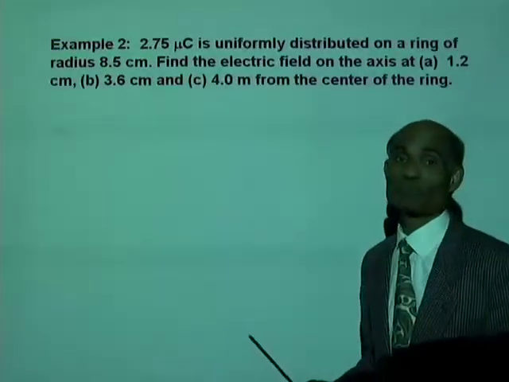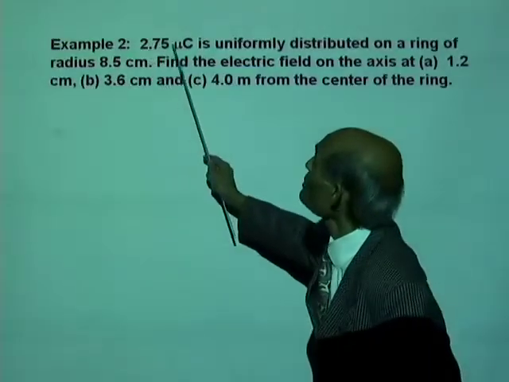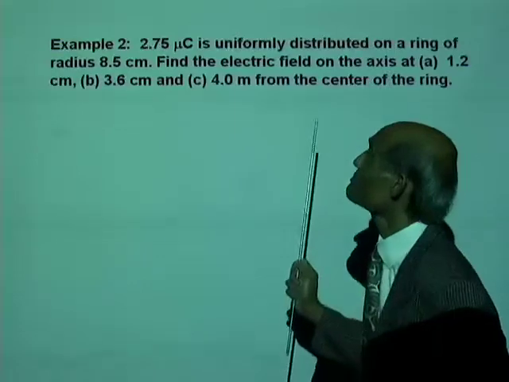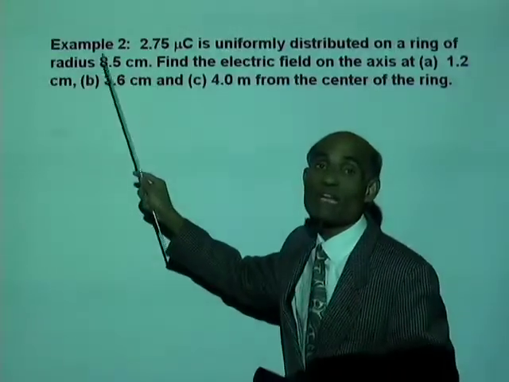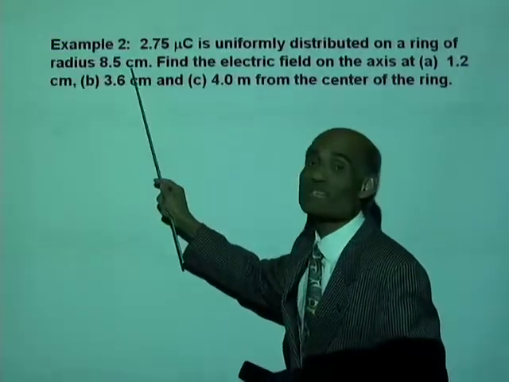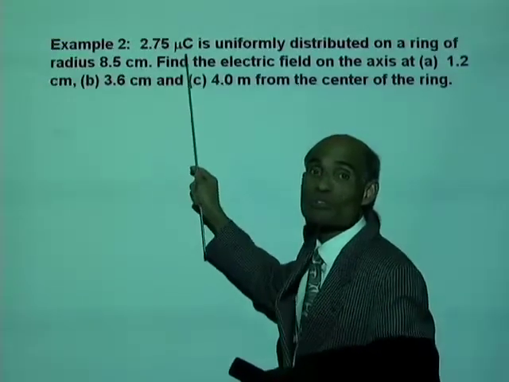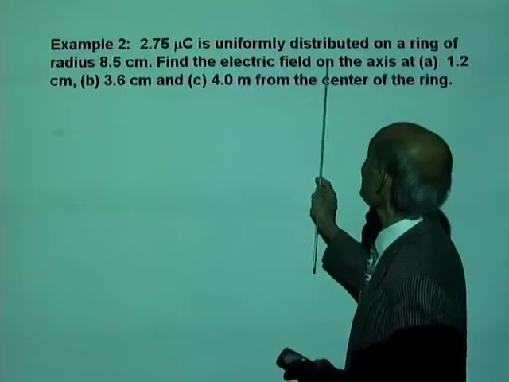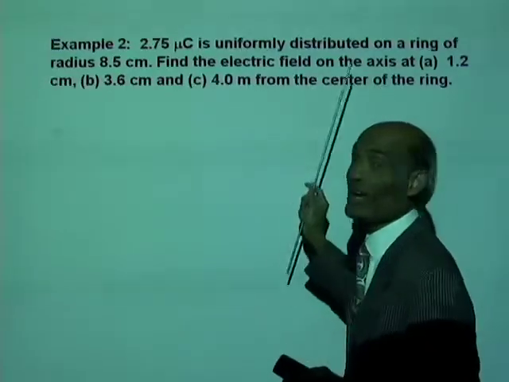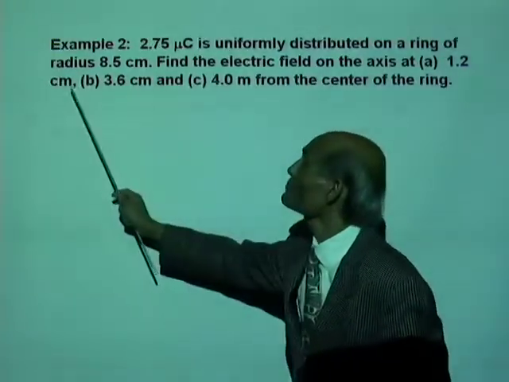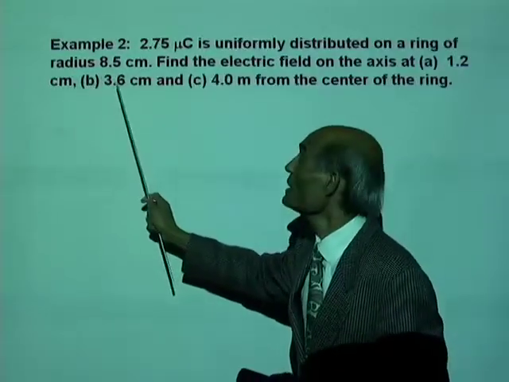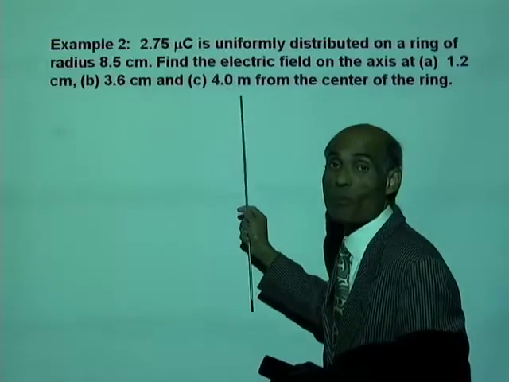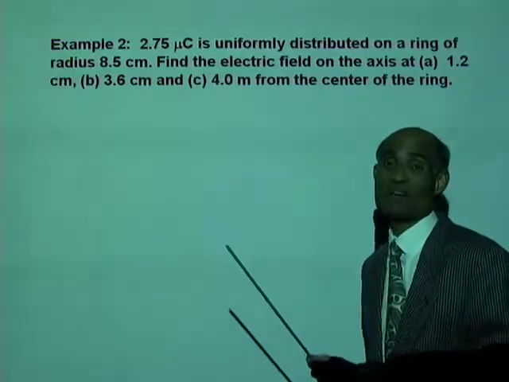Let's do an example. 2.75 microcoulomb is uniformly distributed on a ring of radius 8.5 centimeter. Q equal to 2.75 microcoulomb. Find the electric field on the axis at 1.2 centimeter from the center, 3.6 centimeter from the center, and 4 meter from the center of the ring.